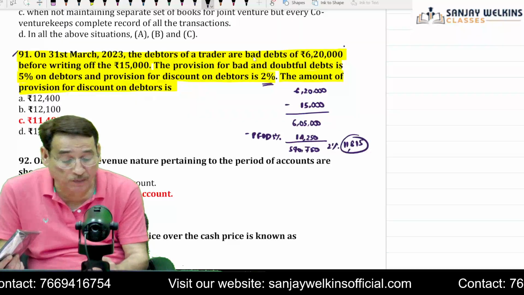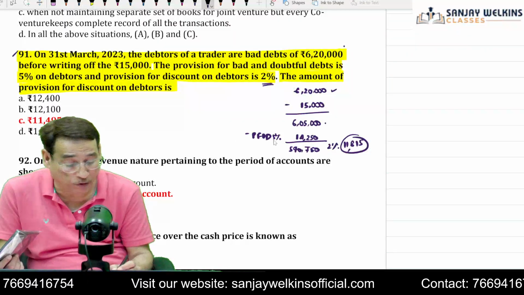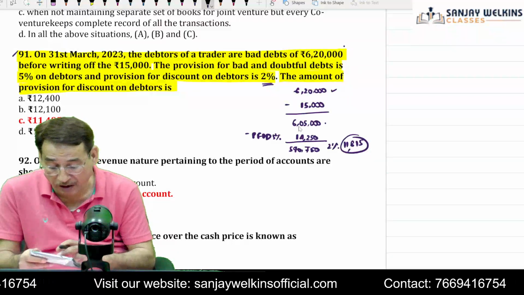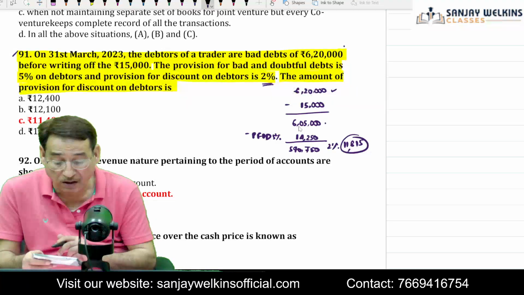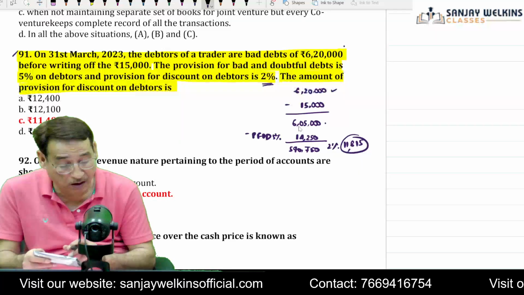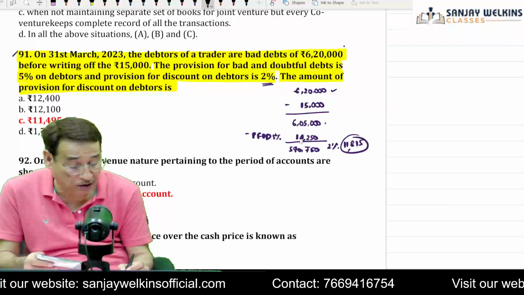On 31st of March, debtors are 6,20,000, so 6,05,000, and provision for debtors is 5%. Let me compute again. 6,05,000 into 5% is 30,250.